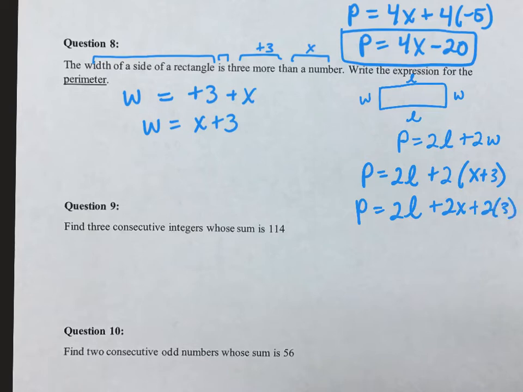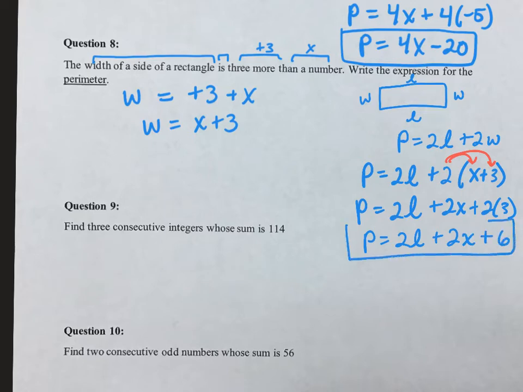Remember, we distribute that 2 to the X and that 2 to the 3. So now my perimeter is 2 length plus 2X plus 6. It's a little bit more complicated, but not too bad. If you need to pause and rewind, go ahead and do so. But that's number 8. Now let's take a look at number 9.